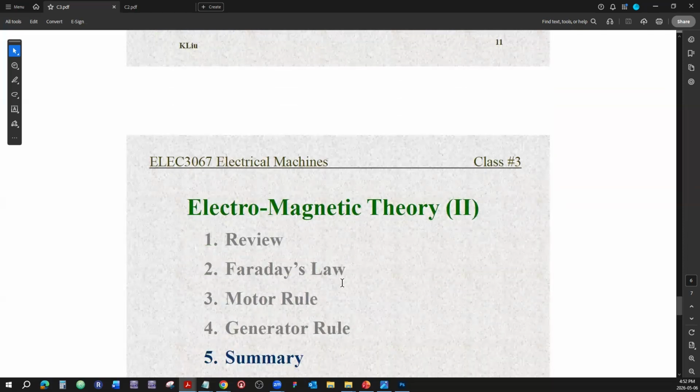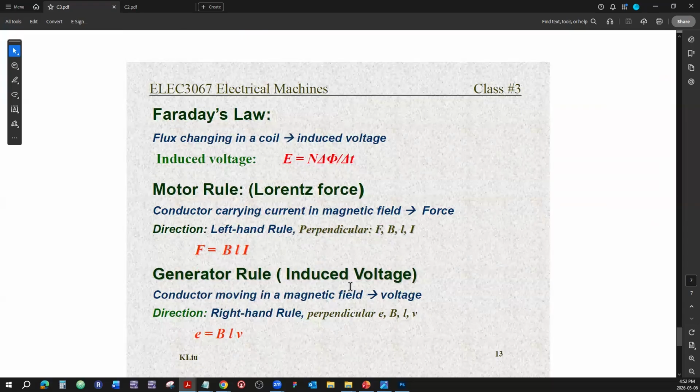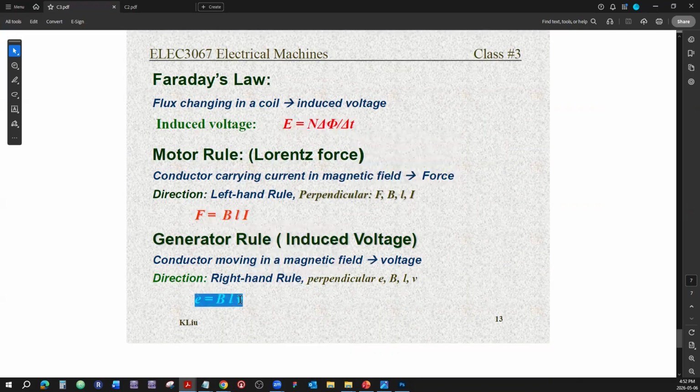All right. Summary. Faraday's law, so the induced voltage, here's the voltage formula, here's the force formula, and here's the EMF. Okay.